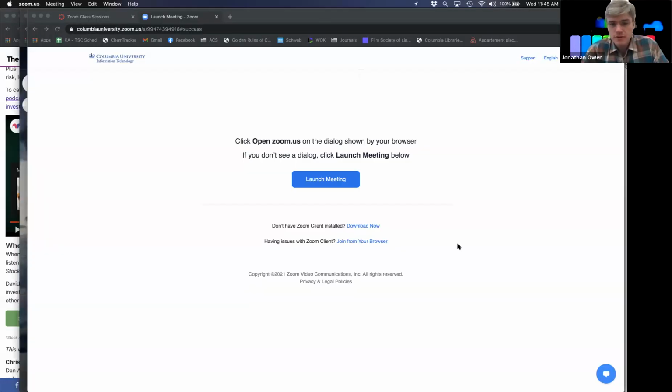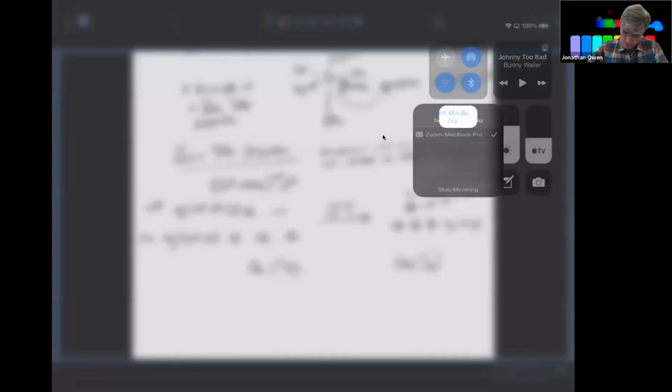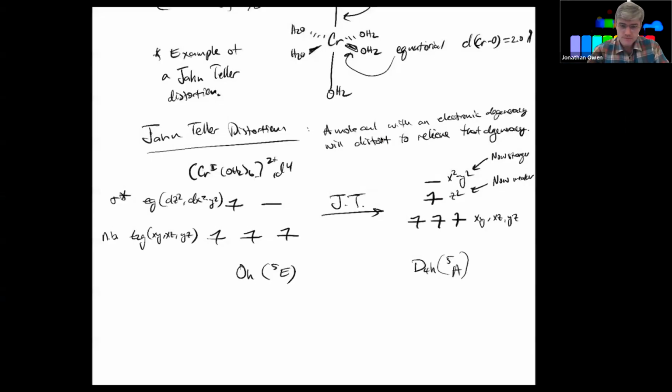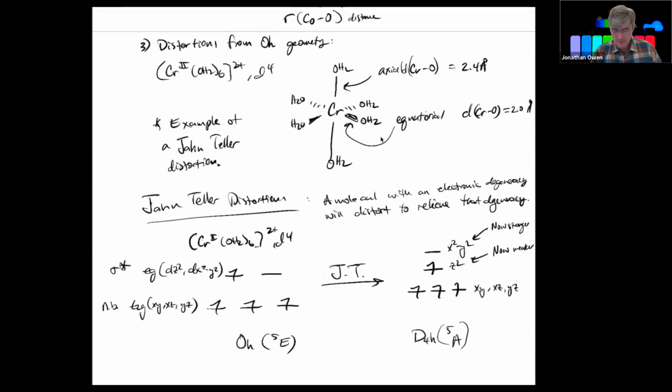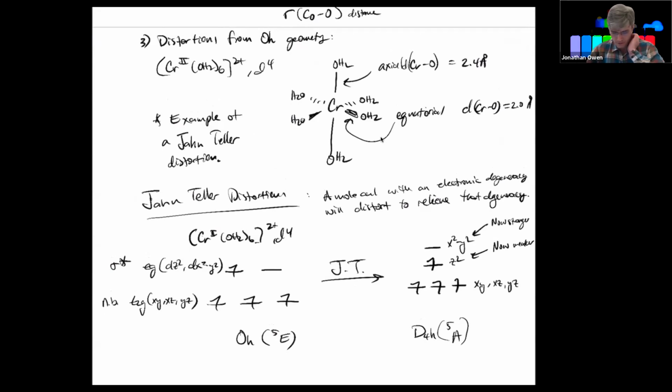All right, and then we talked about the Jahn-Teller distortion. And I'm just going to remind you, because we jumped from that relatively quickly last time. So we said in the case of chromium, we have a long bond and then some short bonds.